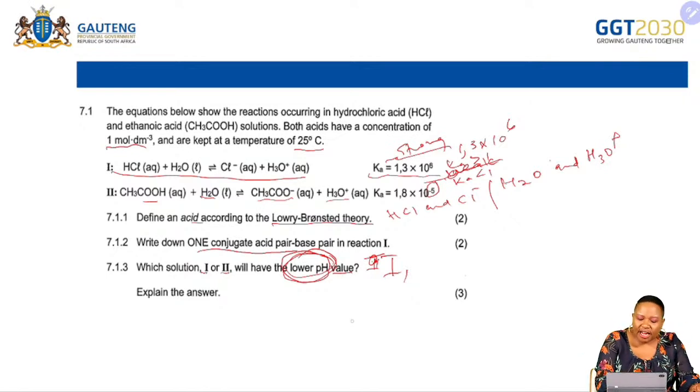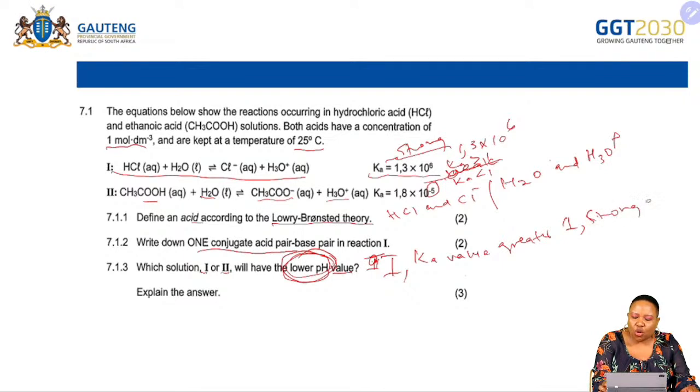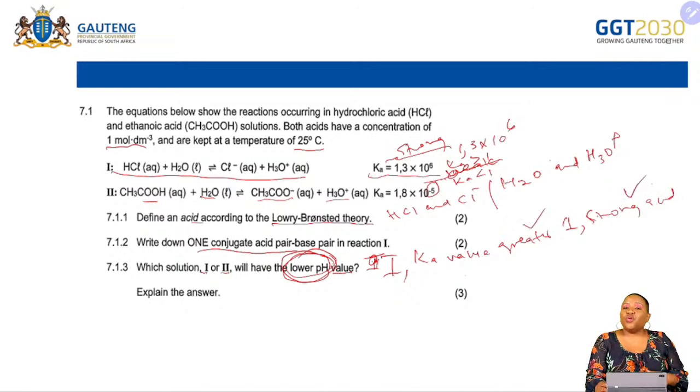So it's reaction 1 because it has a Ka value greater than 1. If the Ka value is greater than 1, you can say it's a strong acid. And we know that if it's a strong acid, the Ka value is greater than 1 and the pH will be lower.